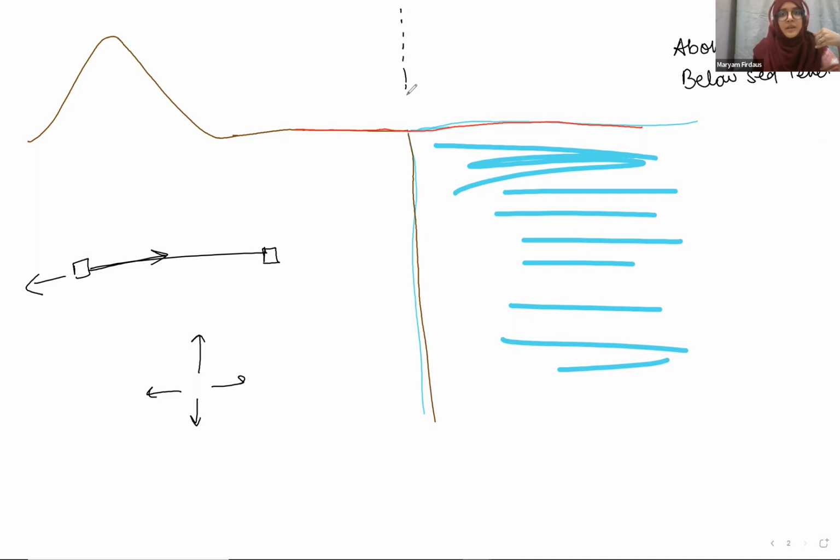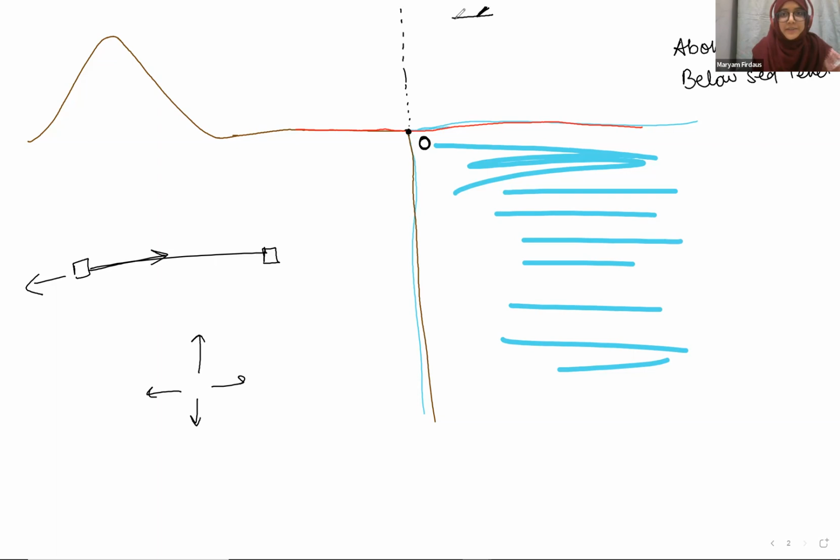So let me just say this is an imaginary line that I'm drawing. Let's just say this is zero over here. So what I'm saying is, as I move above, let's say there is an airplane over here. I don't know how to draw an airplane. My drawing isn't very good.